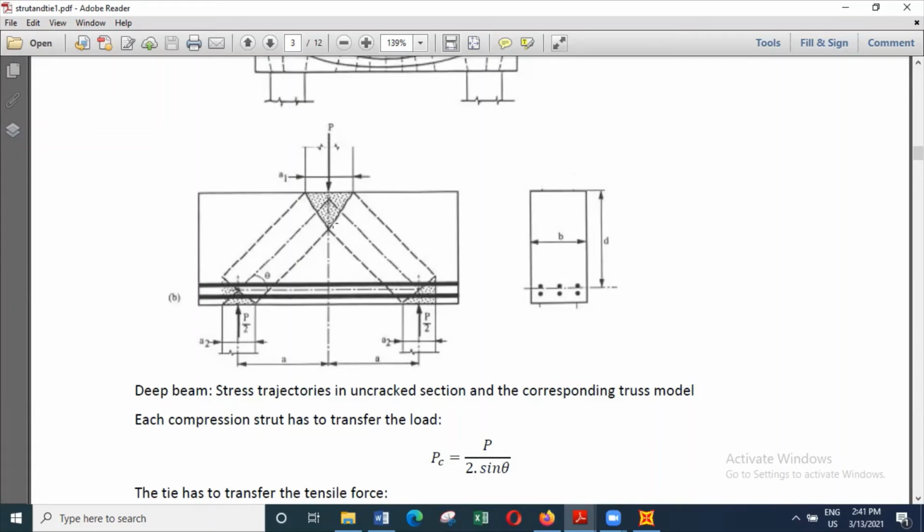And if you look at this angle theta, angle theta depends on the depth up to this level, that is the centroid of this reinforcement, and it also depends on the distance between the two piles.